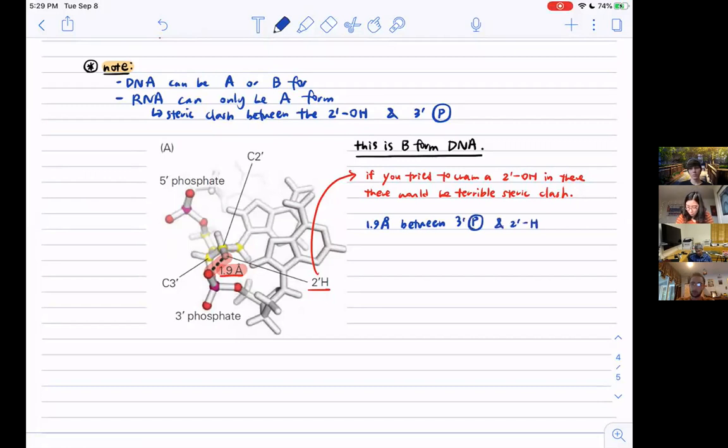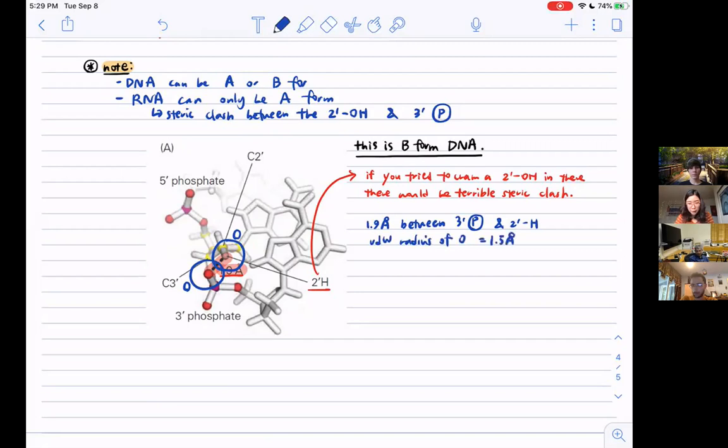And so let's imagine if we try to stuff an oxygen in here, like if we had an OH. So we have the phosphate oxygen, and we have the imaginary hydroxyl oxygen there. What's the van der Waals radius of oxygen? It's 1.5.